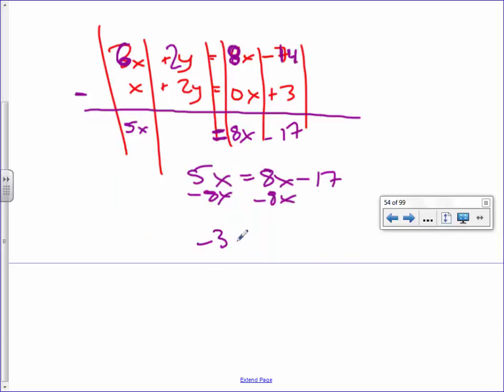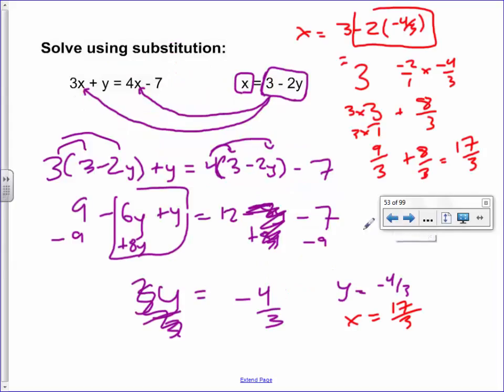That'll give me minus 3x equals minus 17. Divided by minus 3, divided by minus 3, x equals, there's 2 negatives, right? 17 over 3. Okay. Isn't that what we just said it was the last time around?